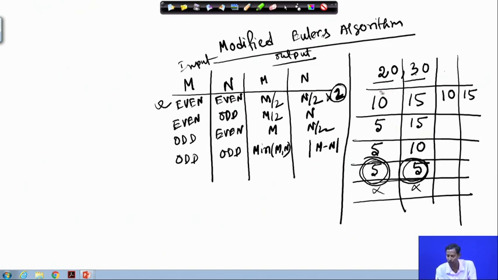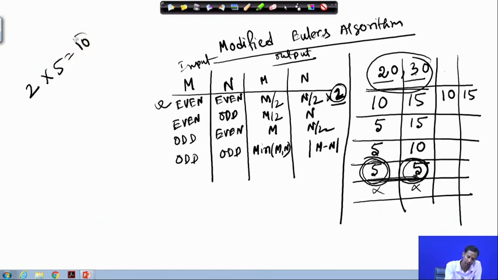How many times are we finding this even case? Only for this particular case, so only once I have to multiply it with 2. Here for 5 and 5 the value is same, and even and even occurred only one time. So, this will be multiplied with 2 and I will get the result of 10.